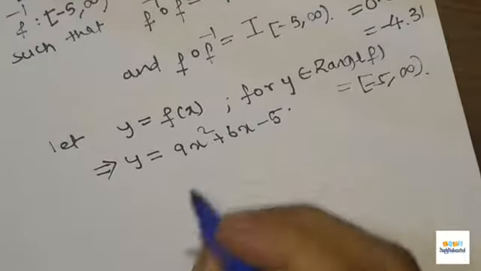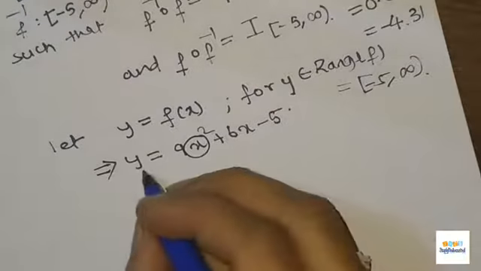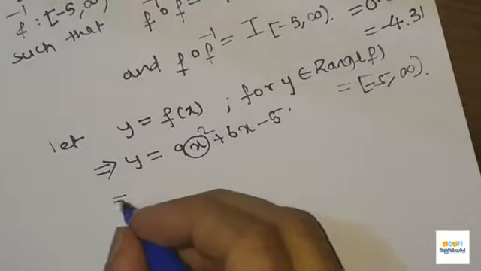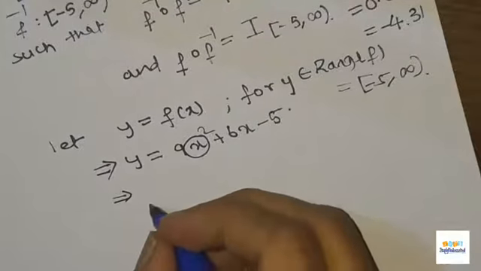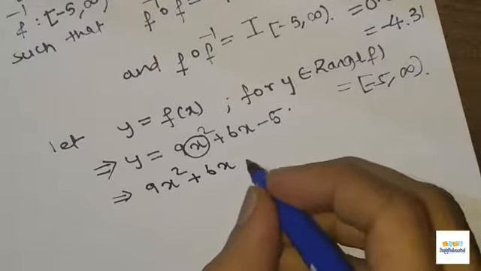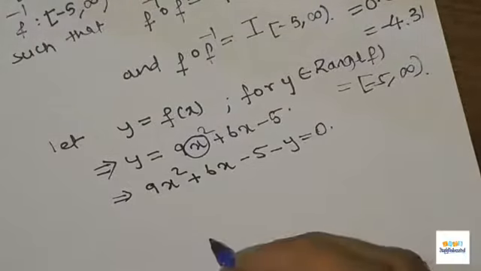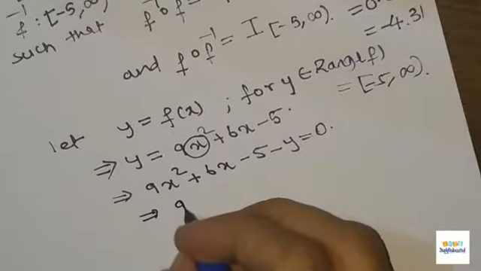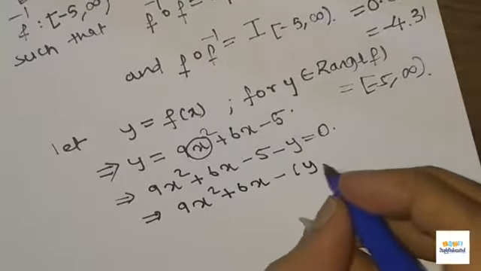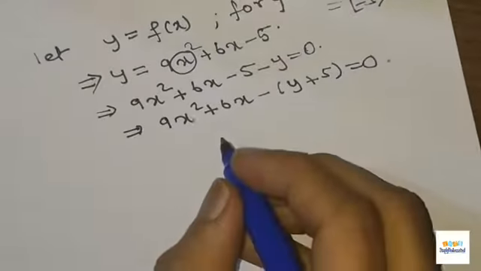Now we have to find x in terms of y. So let us simplify this. You will get 9x square plus 6x minus 5 minus y equal to 0. That means 9x square plus 6x minus (y plus 5) is equal to 0.